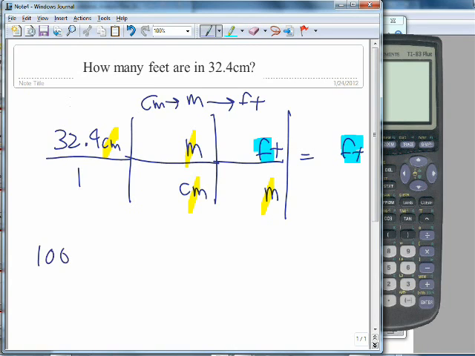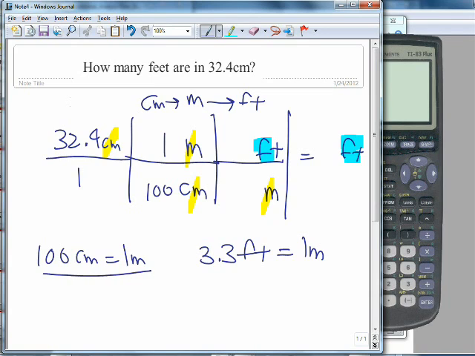I know they're 100 centimeters to 1 meter, and I know that there are 3.3 feet to 1 meter. So now all I have to do is plug them in the appropriate places. So here we have 100 centimeters to 1 meter, and over here we'll have 3.3 feet to 1 meter.